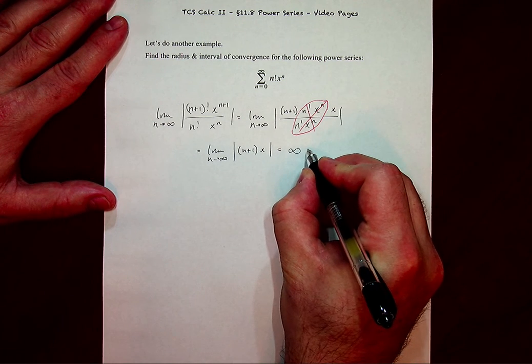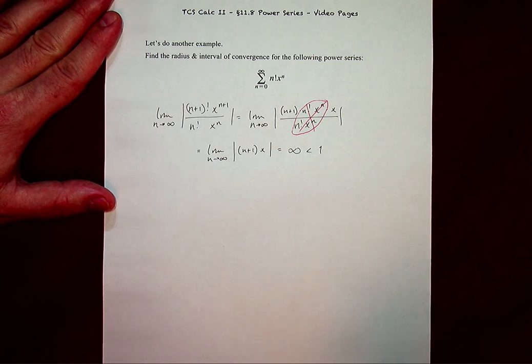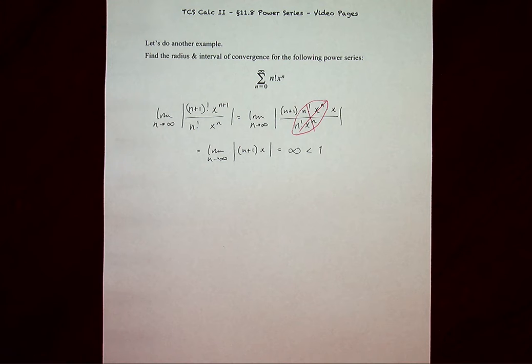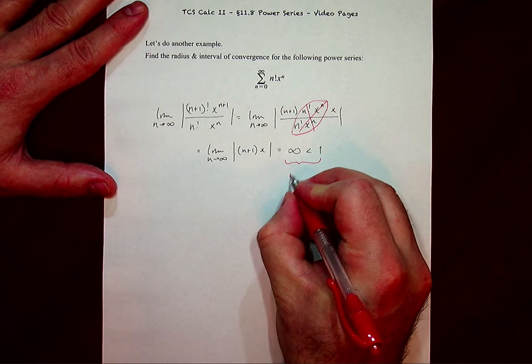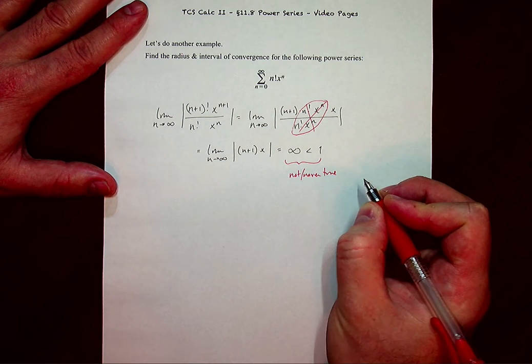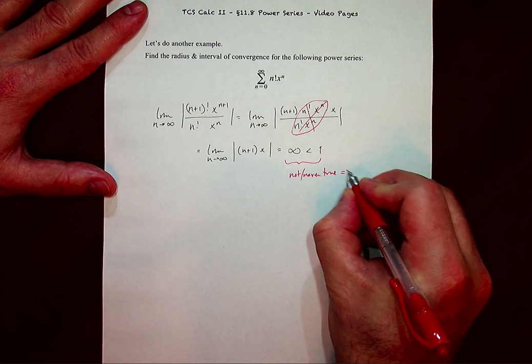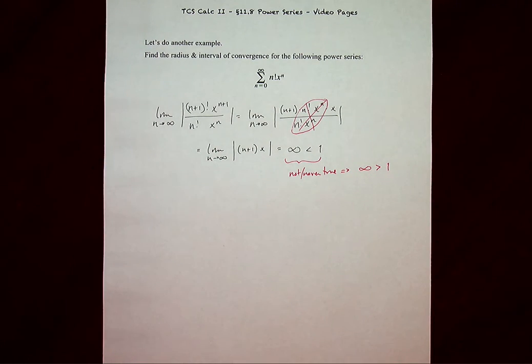But in order to determine the interval of convergence, this has to be less than 1. So that's kind of curious, because that is not and never true. What's actually the case is that infinity is, of course, greater than 1. So we have a problem there.